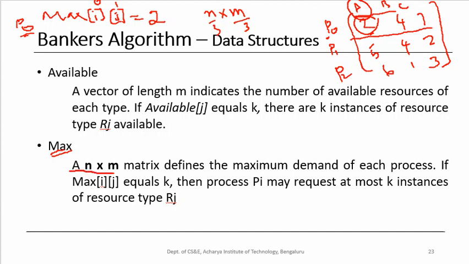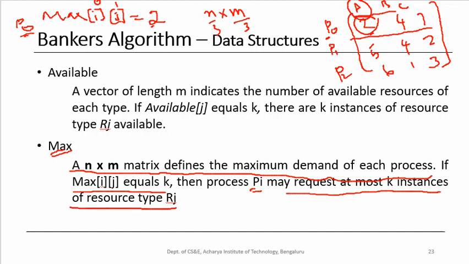Max is an n cross m matrix that defines the maximum demand of each process. If max of i comma j is equal to k, then process Pi, in this case process P naught, may request at most k instances of resource type Rj. Resource type here is this A. A column represents resource type and the row represents the process number.